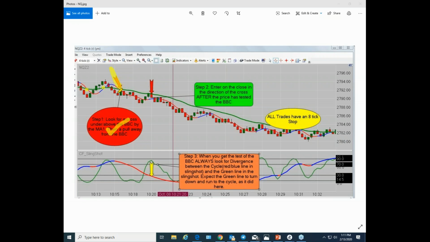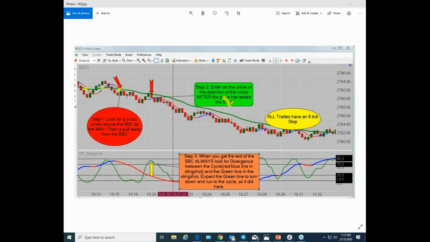So now we're on alert to be looking for shorting opportunities. I want to make a point: I didn't say go short, go long, go short. We're looking for opportunities to get long or short.